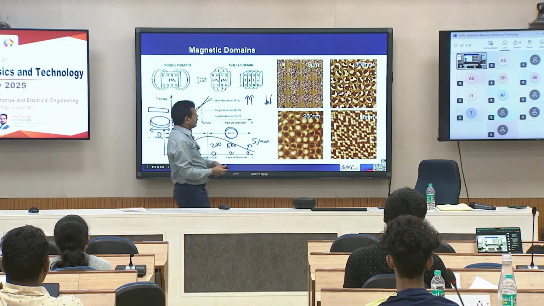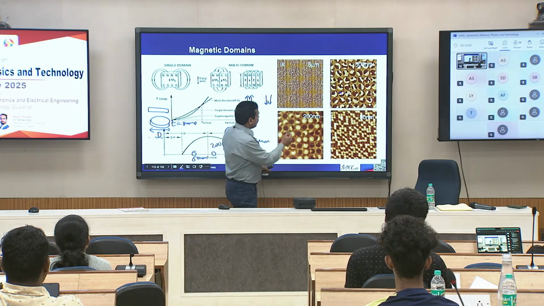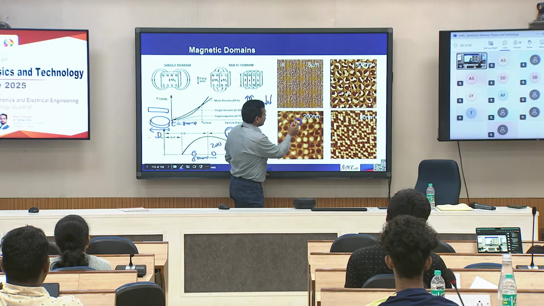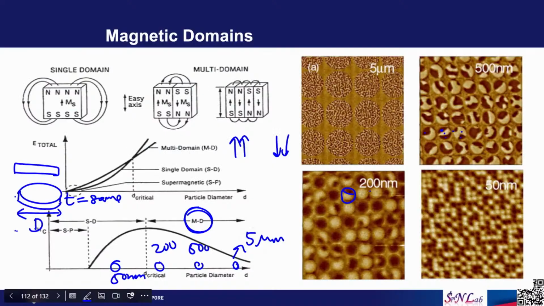When you go to 200, some disks have two domains, right. One brown, one beige, here again one brown, one beige. Some of these particles form domains, some do not.